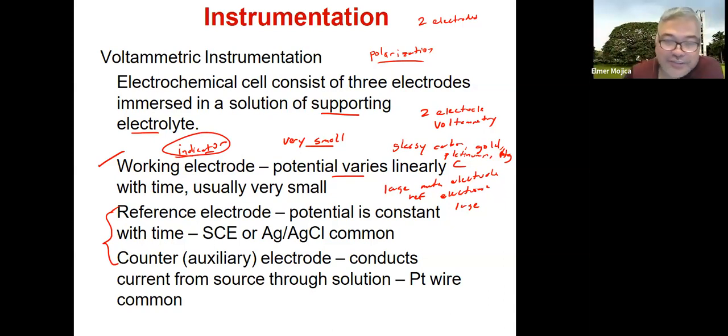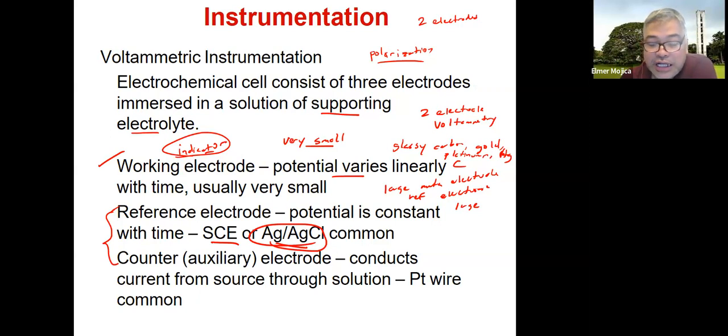The usual choices are the saturated calomel electrode and the silver-silver chloride. In my experience, ito lang yung nagamit ko. Silver-silver chloride in KCl, or Hg/HgCl in saturated KCl if you have the saturated calomel electrode.